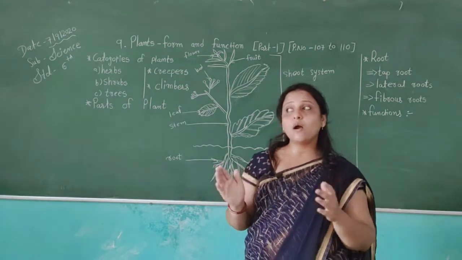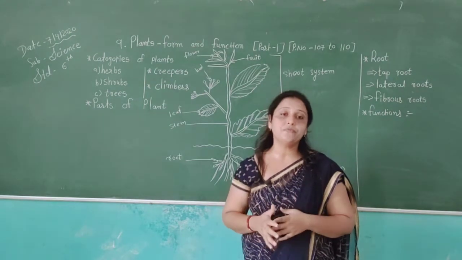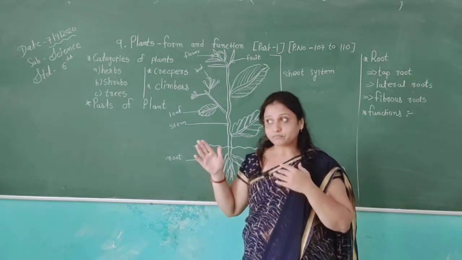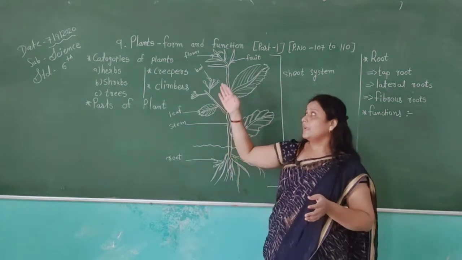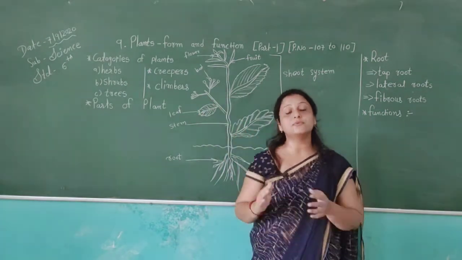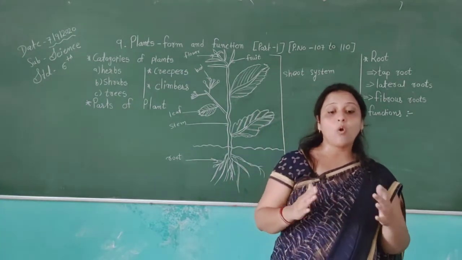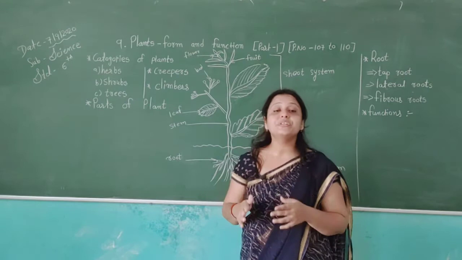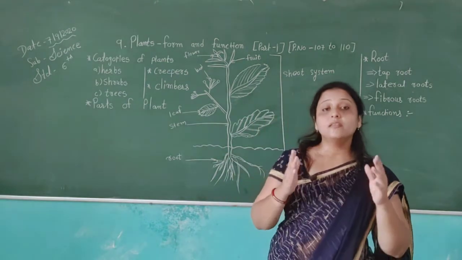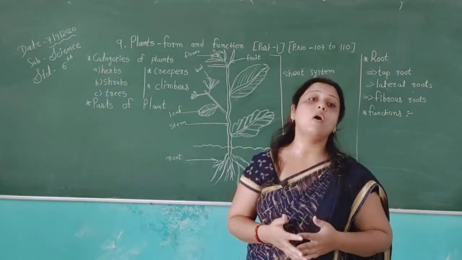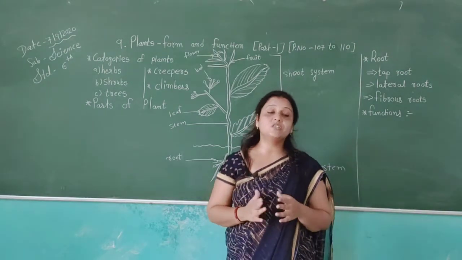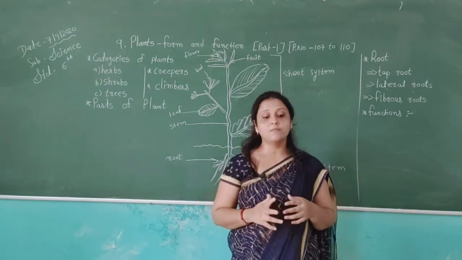So when you go outside, try to identify which type they are: herbs, shrubs, or trees. Then also identify the creepers and climbers. If you try to identify them, you can learn more about them. Try to fill in the activities given in your textbooks.